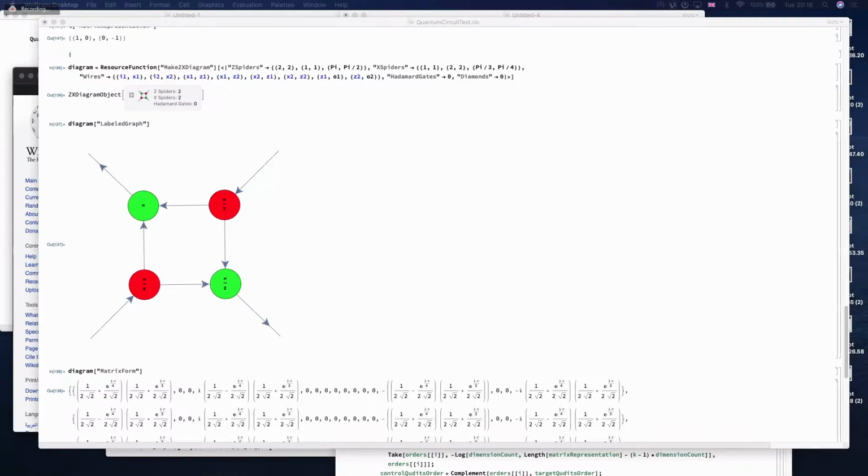Although, is there perhaps a dual character to it? As in, if I'm understanding this ZX diagram, the matrices, now I'm a little bit confused. I'm wondering whether in the spin network case, it's the edges of the spin network that are supposed to represent spins, and it is the vertices of the spin network that represent the kind of J1 equals J2 plus J3 type thing, the intertwining of the spins.